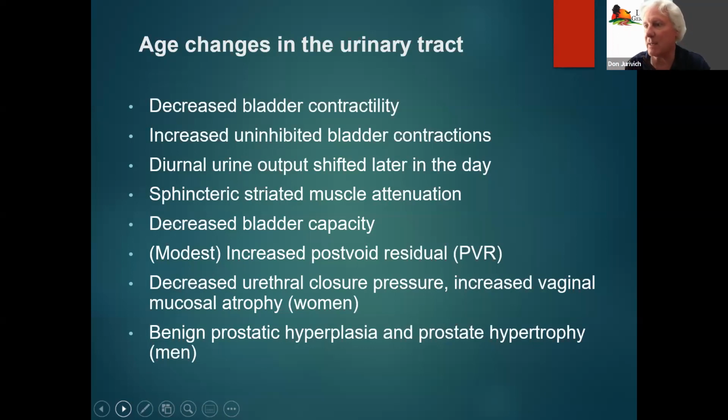If it happens in the heart, it's called atrial fibrillation. Sometimes people call this bladder fibrillation. It's kind of like a Charlie horse, if you will, small Charlie horses in the bladder. And there's also a shift in how the urine is outputted.